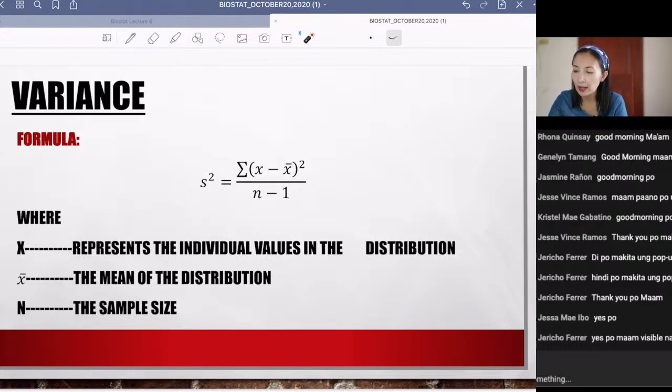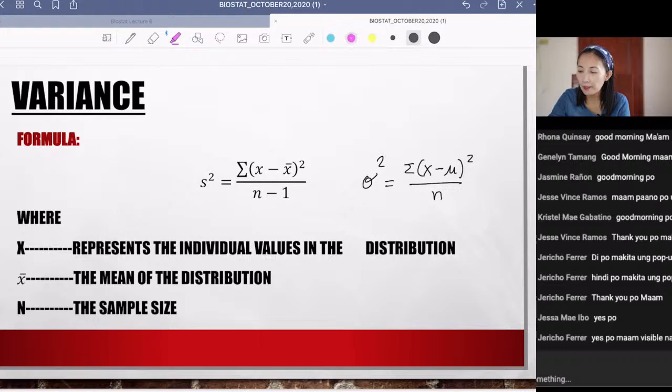Because we have population variance, the only difference is for population variance, it will be the summation of x minus mu squared over n. So please take note of the difference.